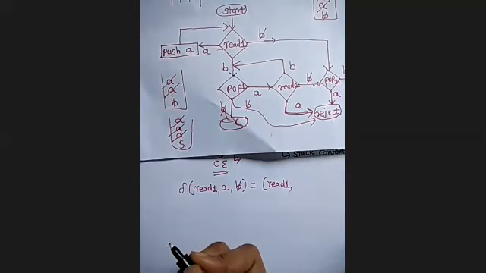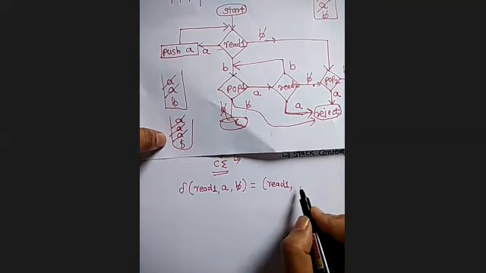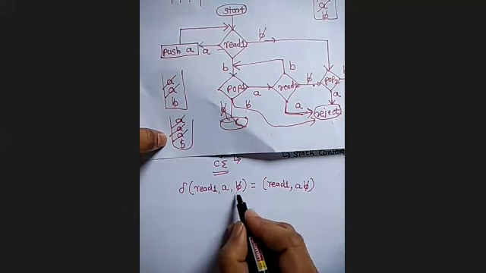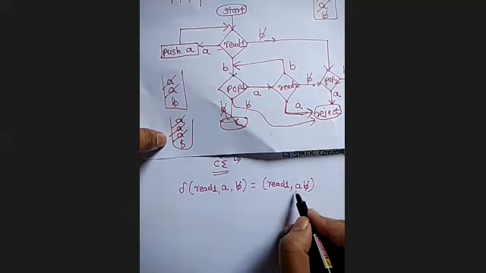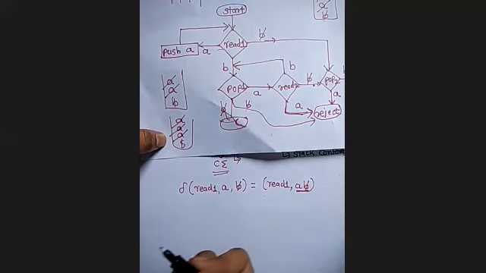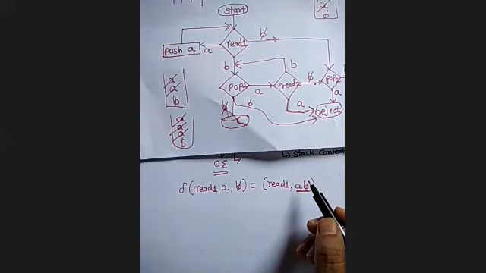What are the stack contents now? After reading A in read 1, we pushed A on the stack, right? Earlier blank was there. Now A is pushed on the top of it. So my stack contains A and the blank, where A is the top stack symbol.